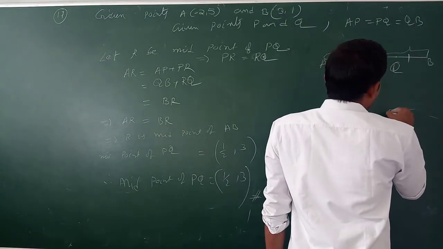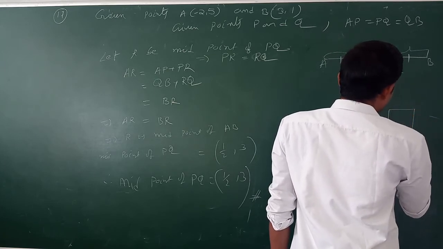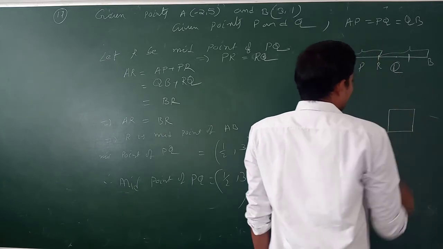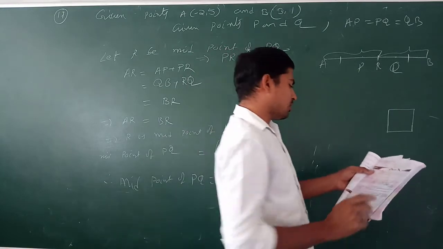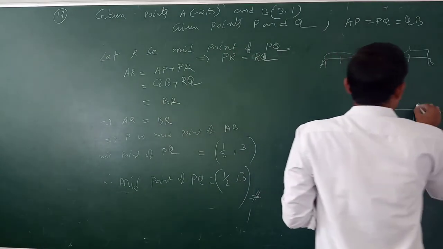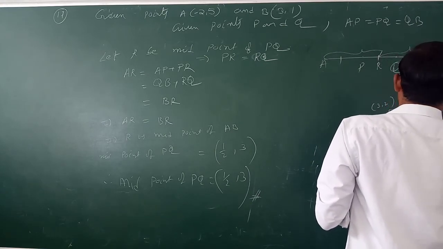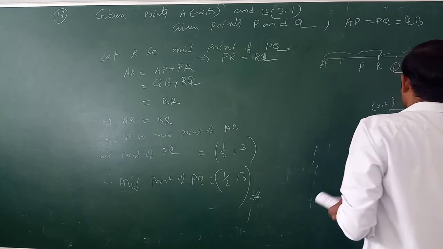In a square, all sides are equal. Suppose we write the vertices here: 3 comma 2, 0 comma 5, minus 3 comma 2, and 0 comma minus 1.